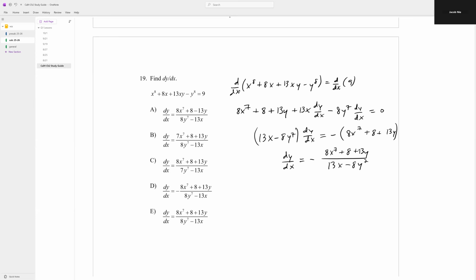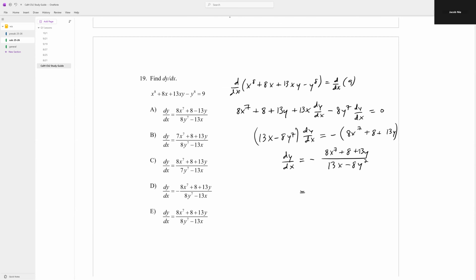Let's see if that matches anything. It doesn't quite look like it matches D or E, so I'm probably going to have to do another step where I make the denominator negative.